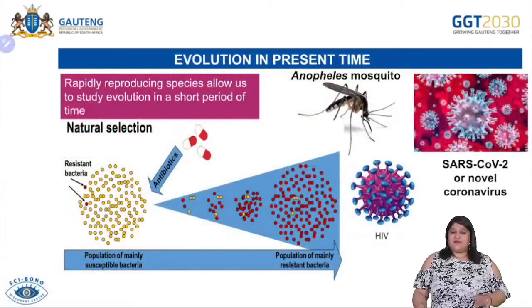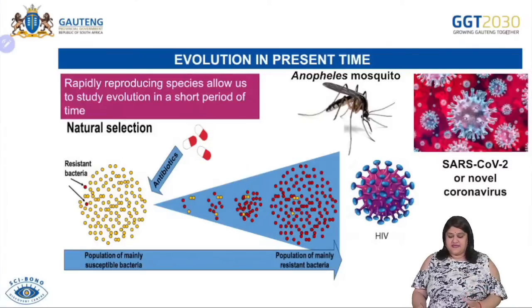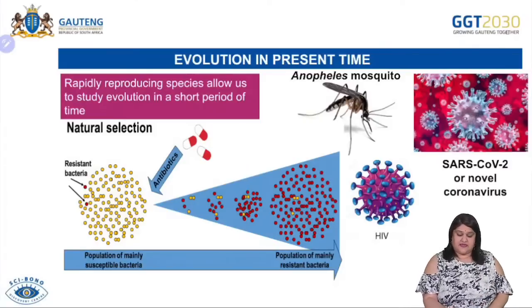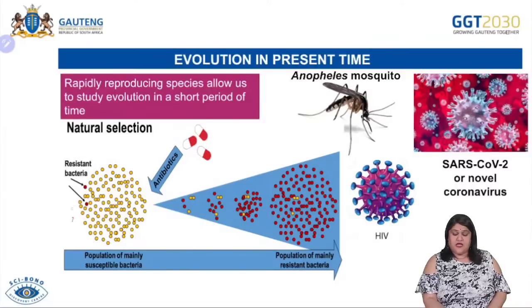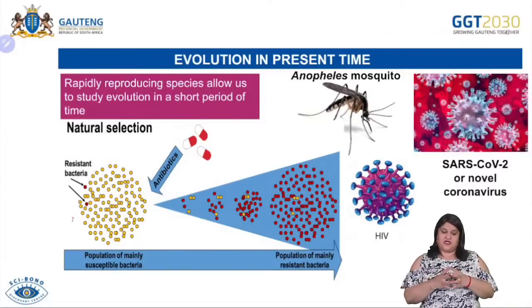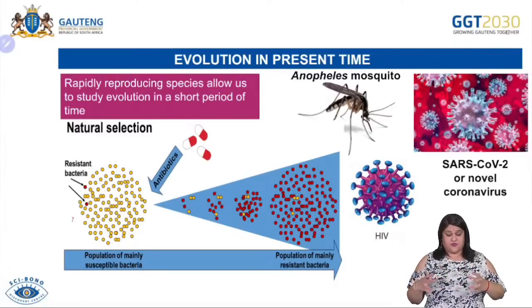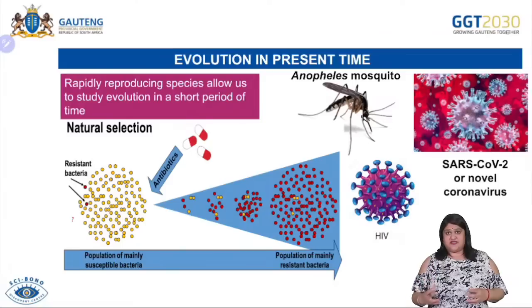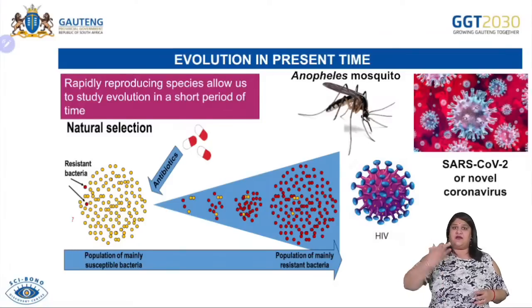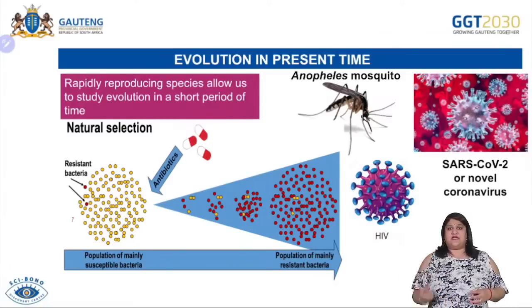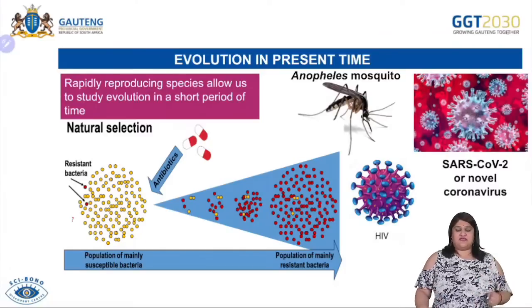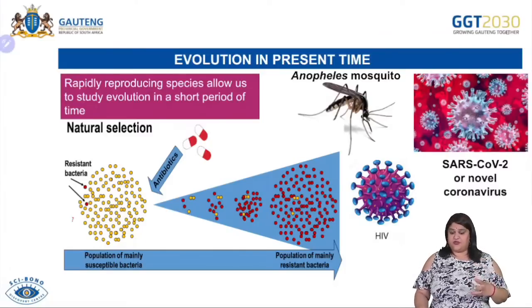Evolution in present times. The key word here when you see evolution in present times is that you think of natural selection. Basically, if we are looking at bacteria, we are saying that if we have a population of bacteria where some are resistant and some are not resistant to an antibiotic, when we administer the antibiotic, the ones that are not resistant will die, the resistant ones will survive and they will reproduce.